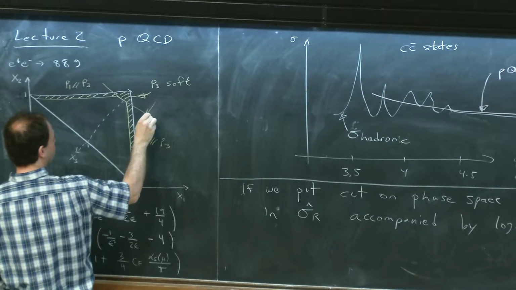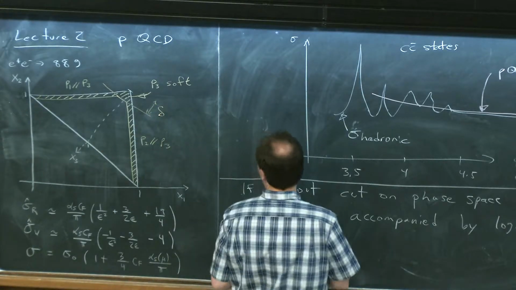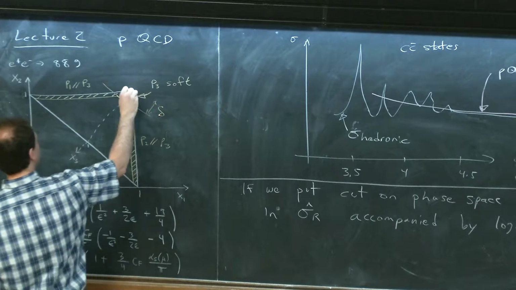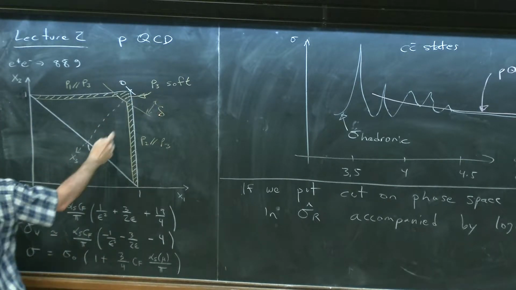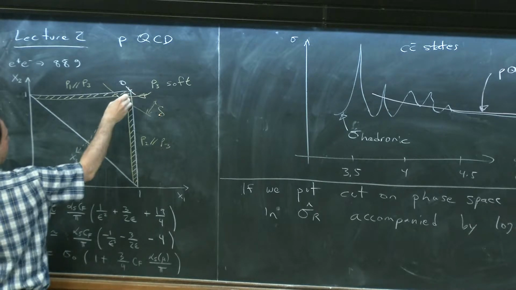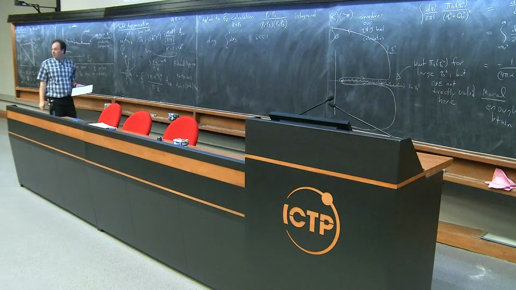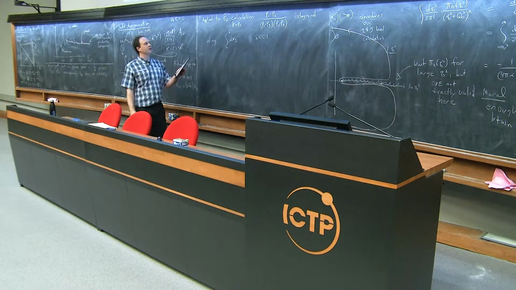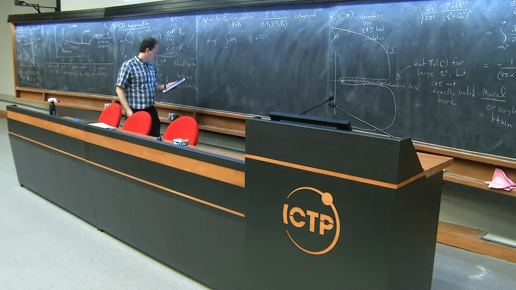So this distance here would be the delta. Remember that x3 is the distance, this is 0 for x3, and then 1 for x3 is here. If I'm demanding that x3 is small, I'm just up in that little corner, which is exactly the soft region where the approximations are valid.